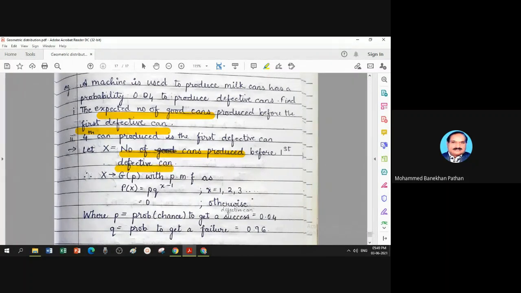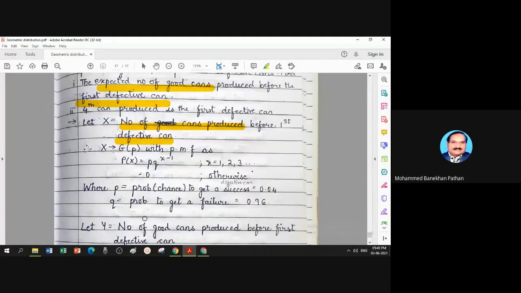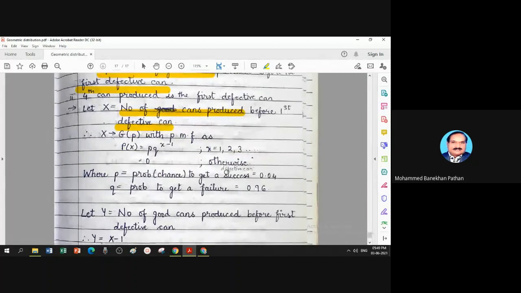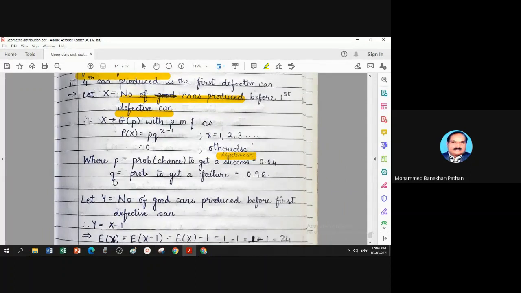So according to this, I decide P. P is the chance to get a success. Success is a defective can, that is 0.04. Q is the opposite of P, the probability to get a failure, 1 minus P, 0.96.